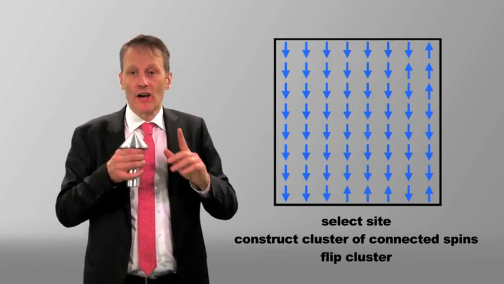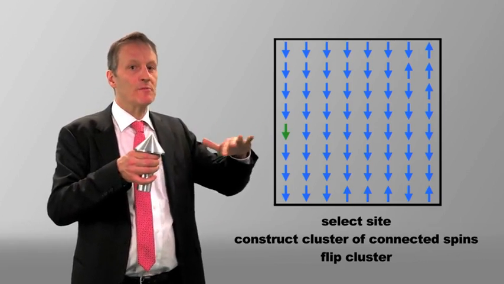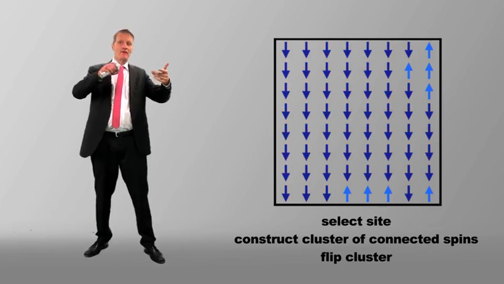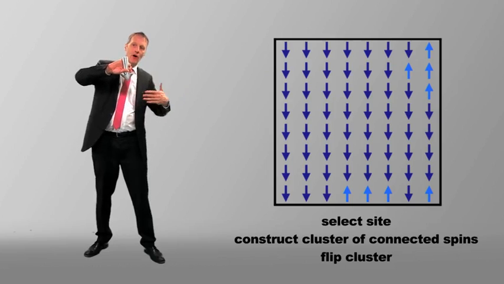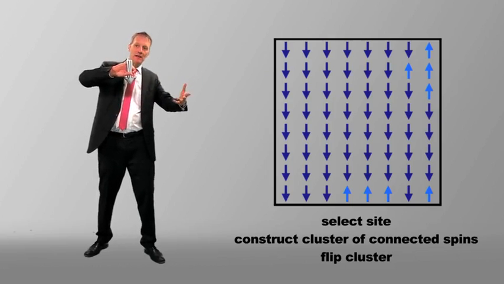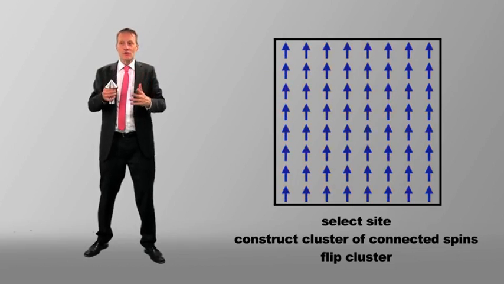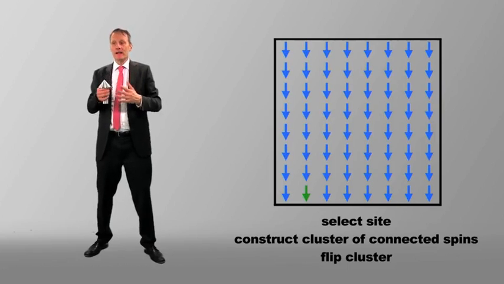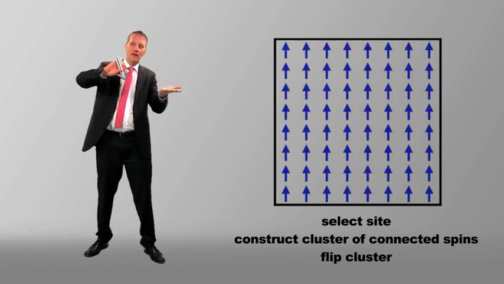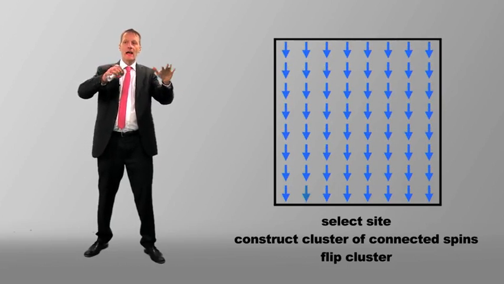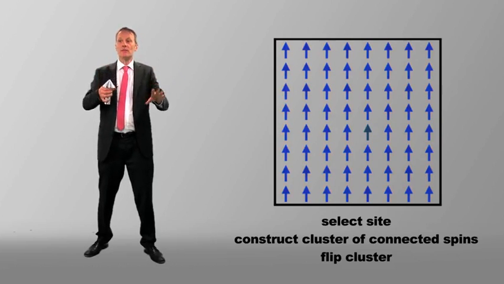Clearly, we cannot construct a cluster from all the connected up spins, flip them, then construct a cluster of all the connected down spins and flip them again. Very soon, we would be flipping between the all up and the all down configuration, and the Boltzmann probabilities would be violated.